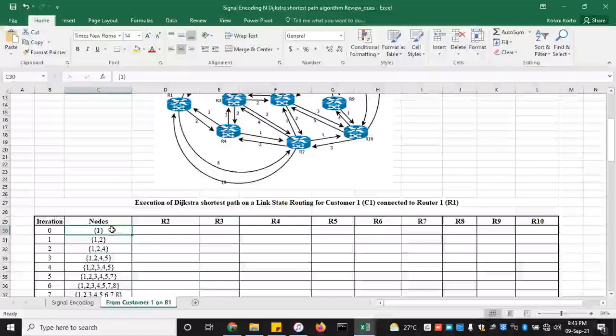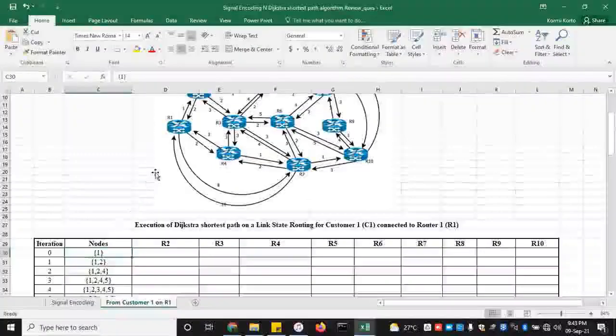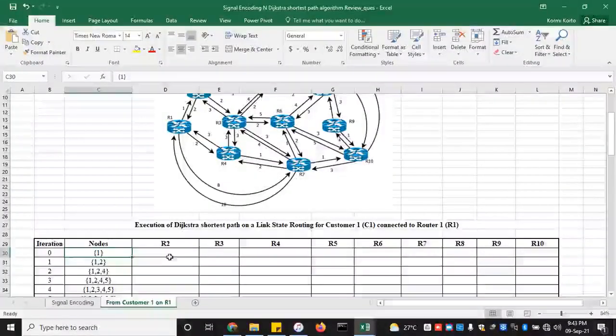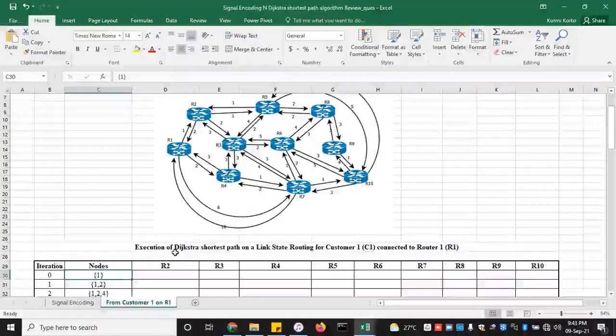To move the packet to R2, you need to figure out what the shortest path, or the least cost, is to move a packet from router 1 to router 2.